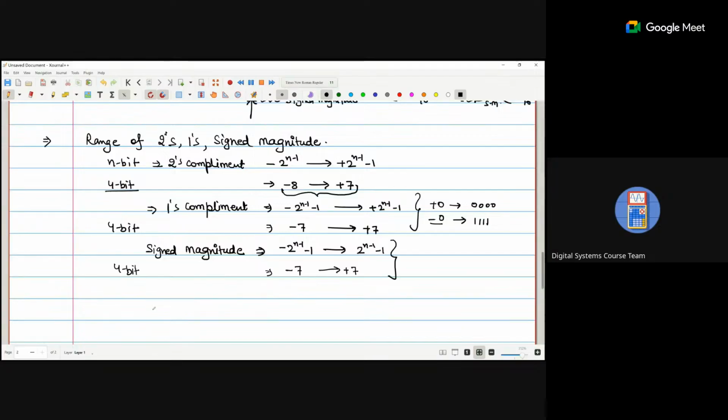The reason is the same. +0 will be 0, 0, 0, 0, and -0 will have the sign bit 1 and the rest 0. Two different representations.